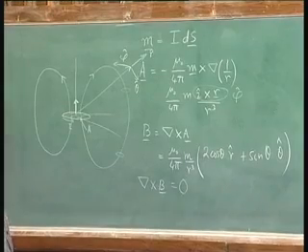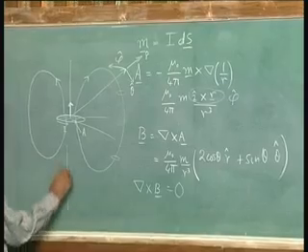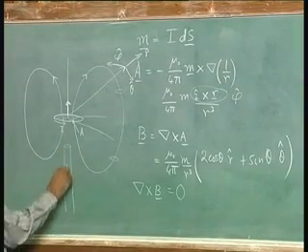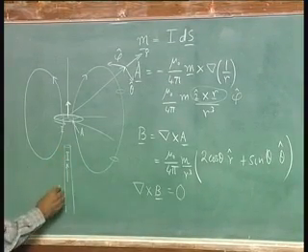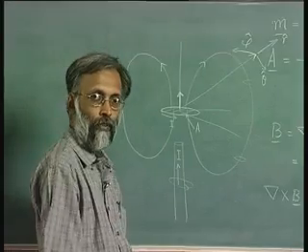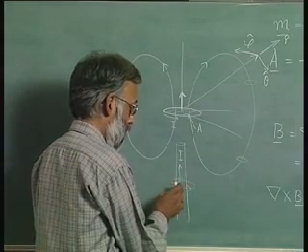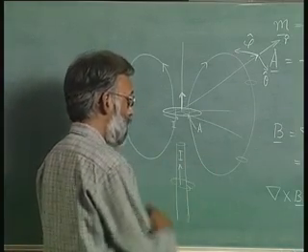We also know something else. We know that if you take a line current and you take a loop around the line, well, the loop, the B is always in the phi direction going round.